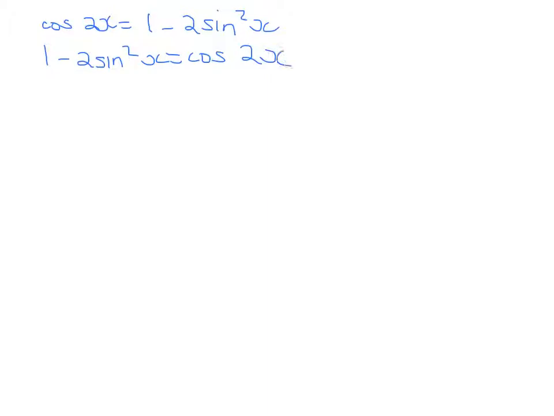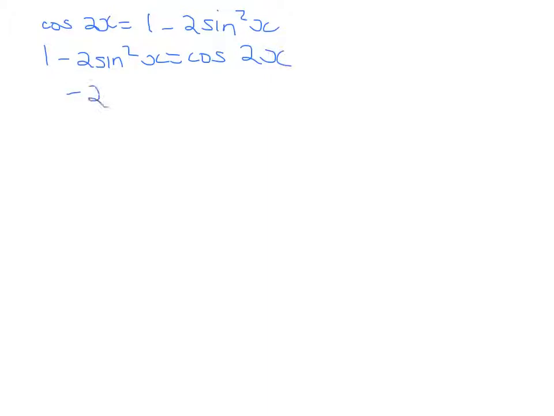Let's take the sine squared x one first. So we've got cos 2x equals 1 minus 2 sine squared x. That was our first substitution. So let's make sine squared x the subject. So I'll rewrite it on this side. Unnecessary really, but I know some of you like that.